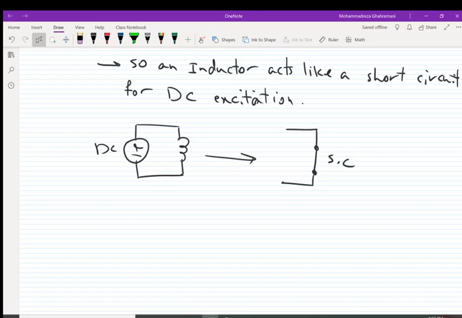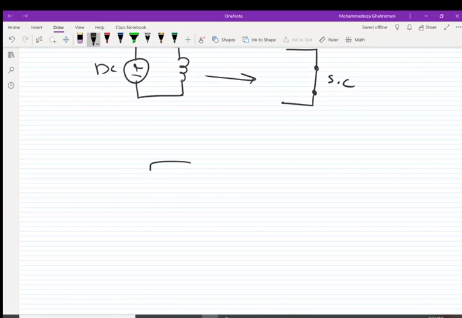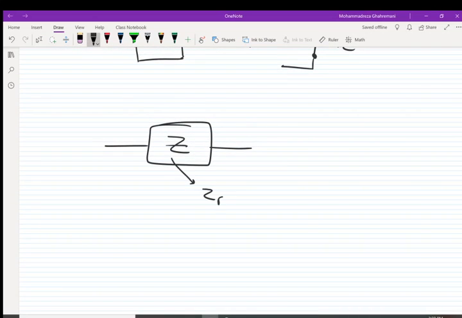Now that we have learned what impedance is, we look at all elements in the same way. We don't care if the element is a capacitor, an inductor, or a resistor. We say this element has an impedance of Z. We show all of them with the same shape, a box, and say this element is Z. If it is a resistor, of course it's ZR.